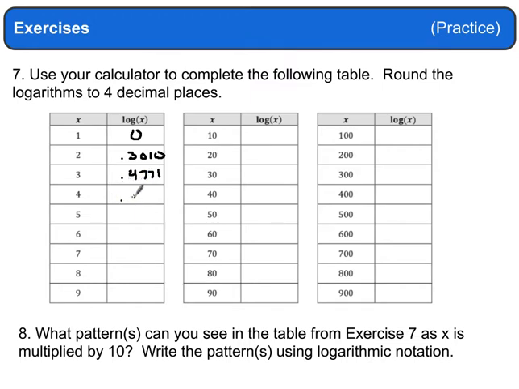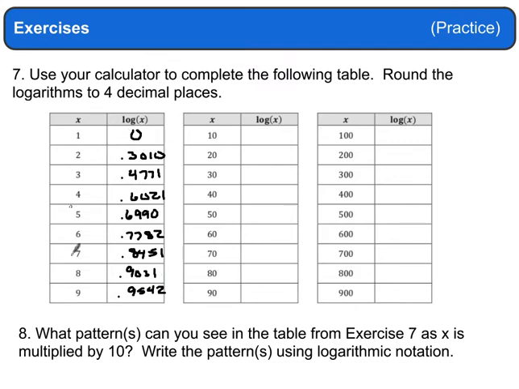Next one is 0.6021, 0.6990, 0.7782, 0.8451, 0.9031, and 0.9542. Now, the goal here is for you to discover a pattern.